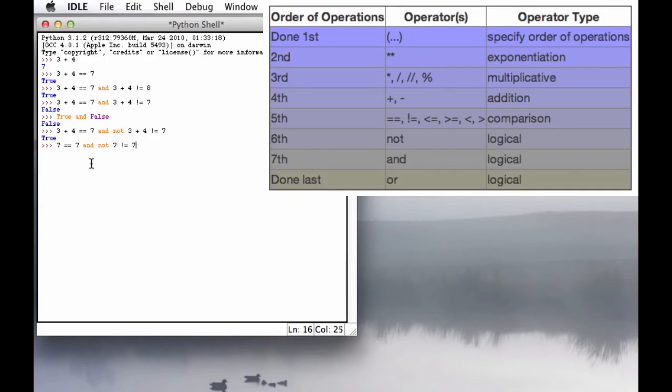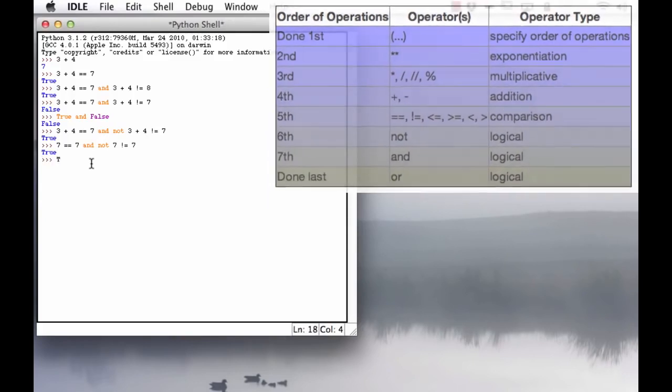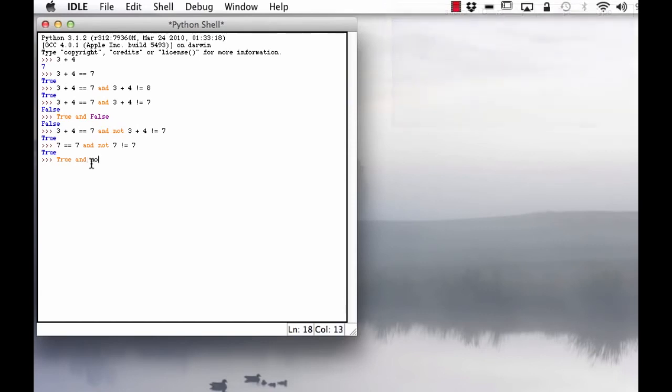So that gets simplified to that, and then the comparison operators happen next, so we get true and not. In this case, 7 is not equal to 7 is going to be false, right? So that simplifies down to that. And then not false is the operation that gets done first here, so we get true and true, right? Which simplifies down to just true.